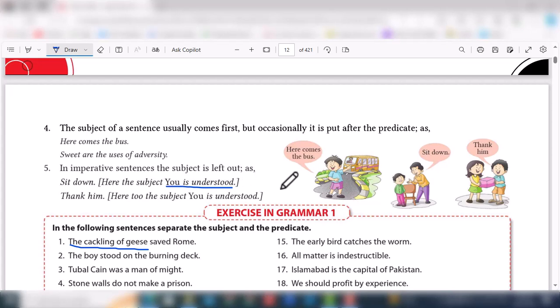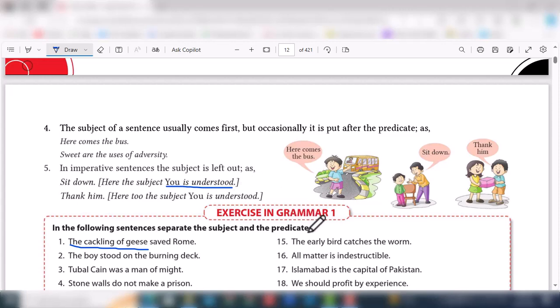We can say this is the subject in imperative sentences, because in imperative sentences we mostly start with a verb to order someone, to request someone, or to advise someone, as in thank you, where the subject you is understood. We all know that when we order or request someone, we know our addressee, and the addressee also knows us. So these are the concepts of imperative sentences.